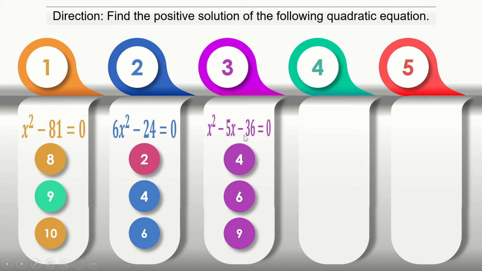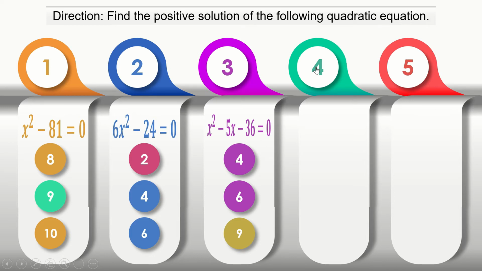Factor of negative 36, sum is equal to negative 5. Yes, it will be negative 9 times positive 4. If you add, the sum will be negative 5. Therefore, the answer for number 3 is positive 9. We will still apply the zero product property for the factors of x squared minus 5x minus 36.